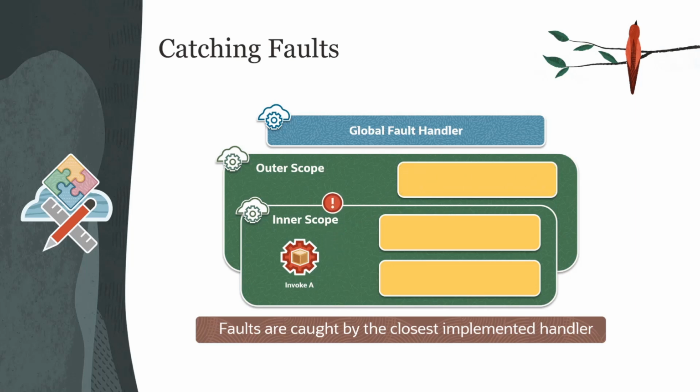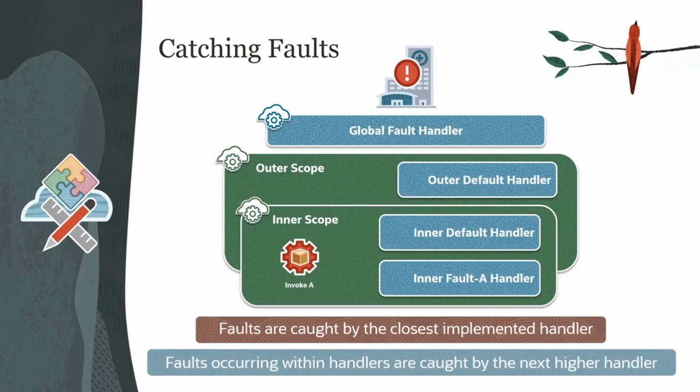And if it wasn't implemented, then the global fault handler catches it. And finally, unless you change the default implementation for the global fault handler, that fault will be rethrown directly to the error hospital.